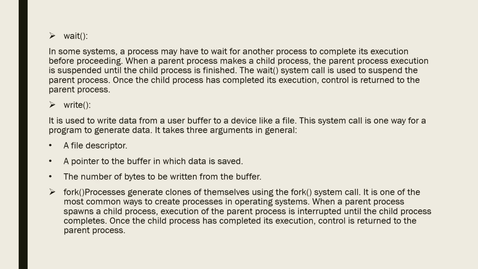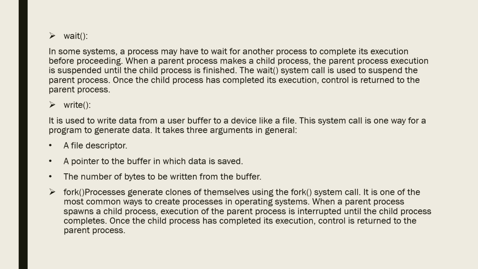Wait method. In some systems, a process may have to wait for another process to complete its execution before proceeding. When a parent process makes a child process, the parent process execution is suspended until the child process is finished.